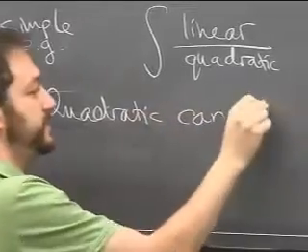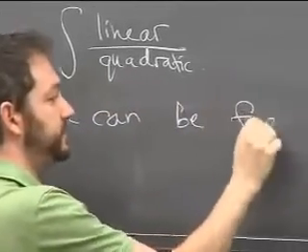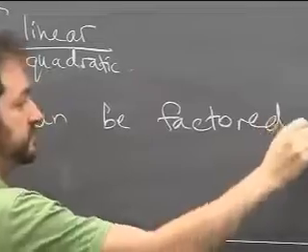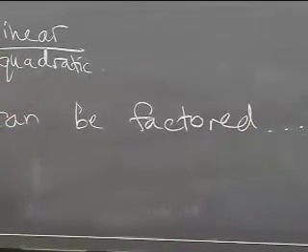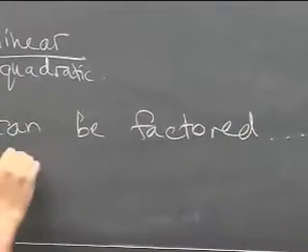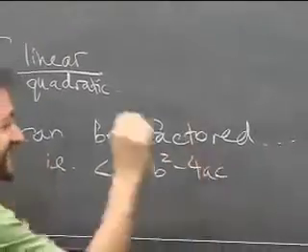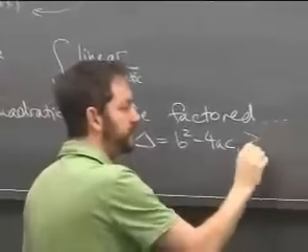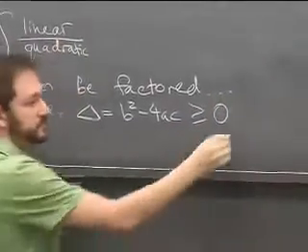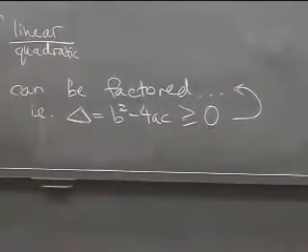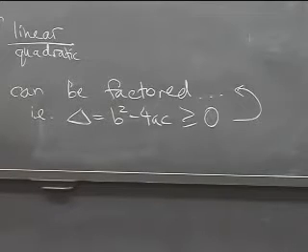How do you tell whether you can factor a quadratic, by the way? What's the best way? You look at the discriminant, which is b squared minus 4ac, and if that is greater than or equal to 0, then it can be factored, because you've got to take the square root to find the roots.